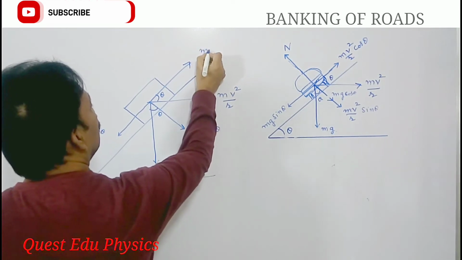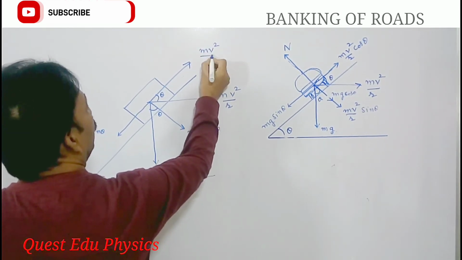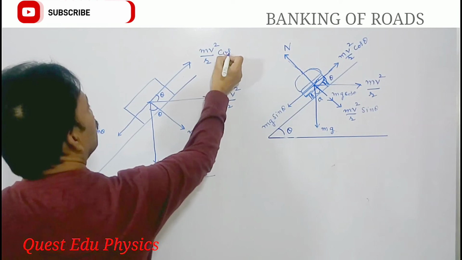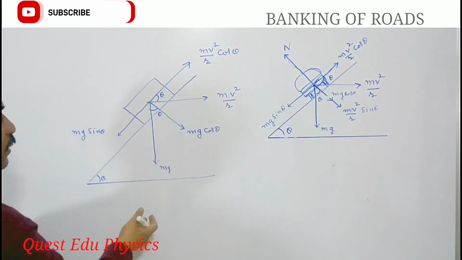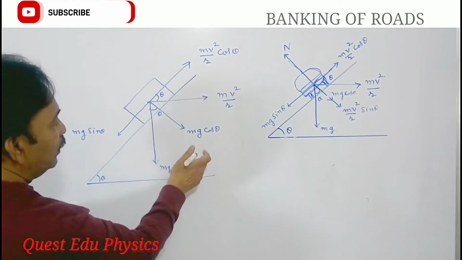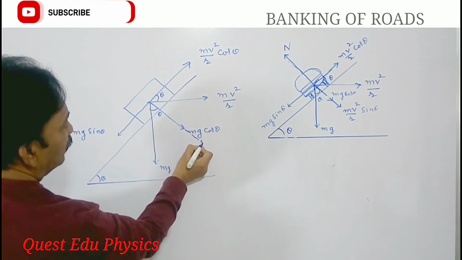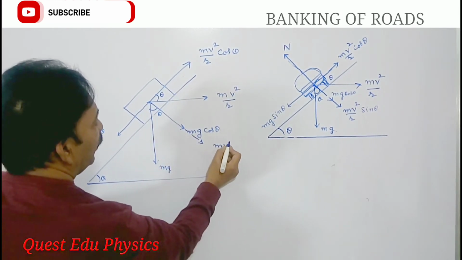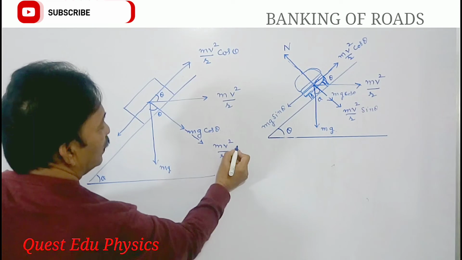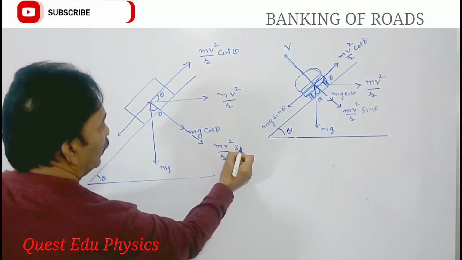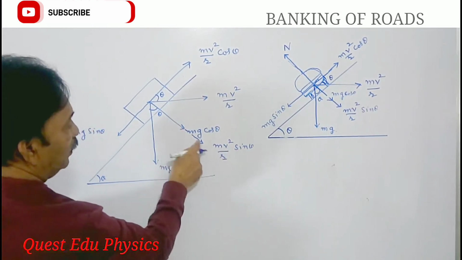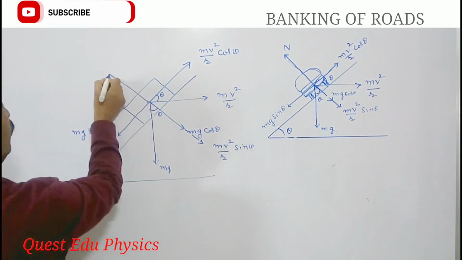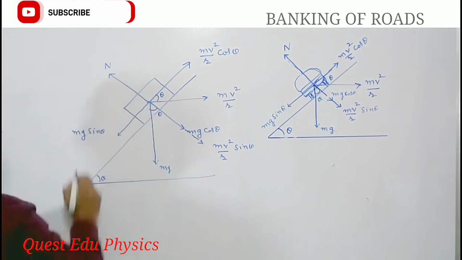It is mv square by r cos theta. Same what I did there, and one more component in this direction. It is mv square by r sin theta. These two get balanced by the normal reaction.